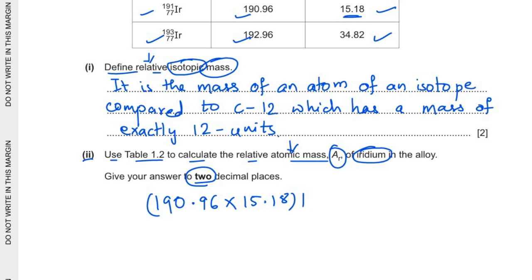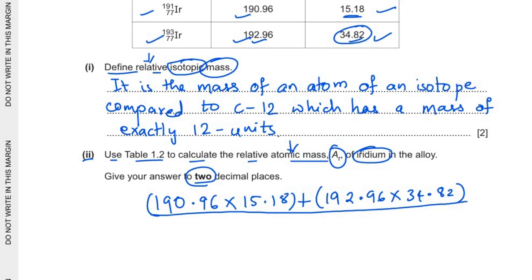Okay, now add the other iridium isotopic mass and its multiplication. So here we have 192.96 multiplied by its abundance, which is 34.82. Yes, and then divide it by its total percentage. Now the percentage of iridium is 50% because the remaining 50% is rhodium. So divide by 50.